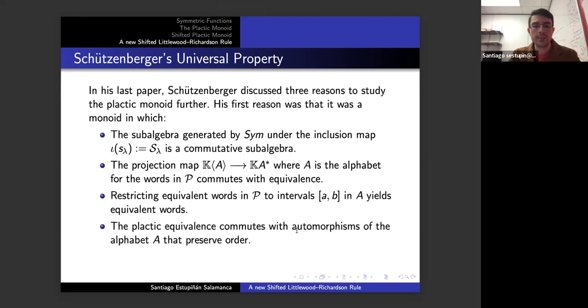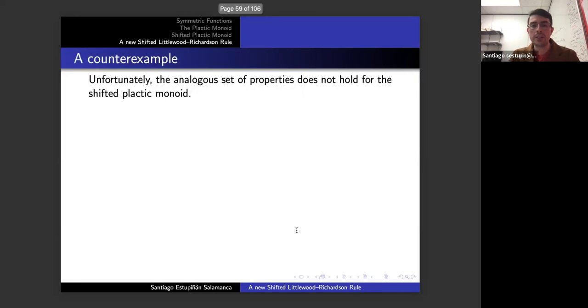And finally, if you take certain letters, which you can think of as integers, and you change them for different integers in such a way that the relative orders of each of the pairs of these integers are respected, then this also commutes with the plactic equivalence. And this characterizes completely the monoid.